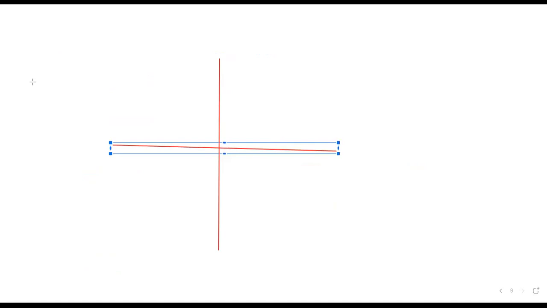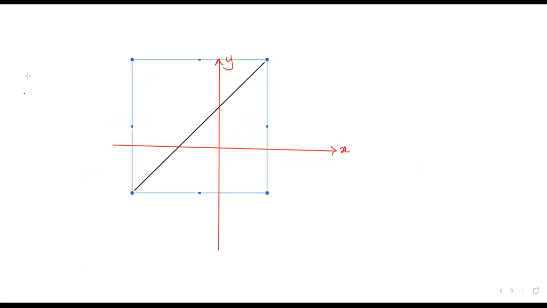With that, I wanted to explain one more thing. If you have a line like this, children, let's say this is the x-axis and this is the y-axis, so that you should know these points. The line cuts the main axes at two points. This point cuts the x-axis, and this point cuts the y-axis.